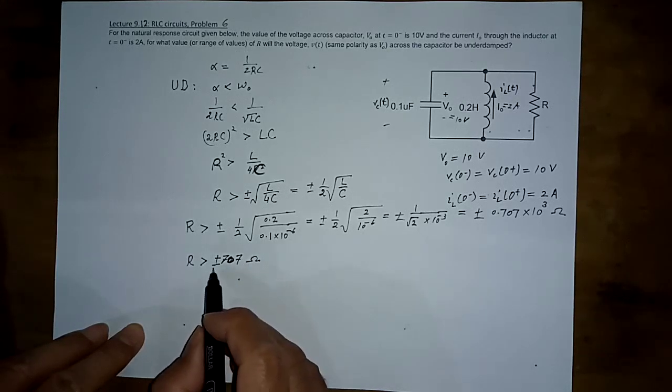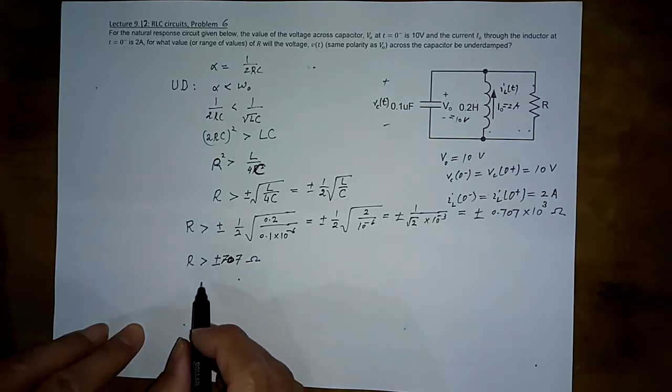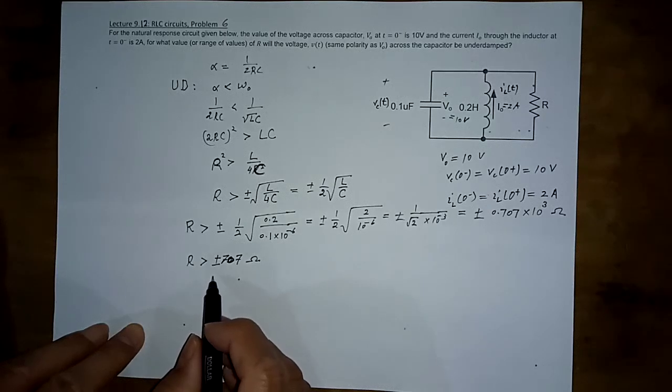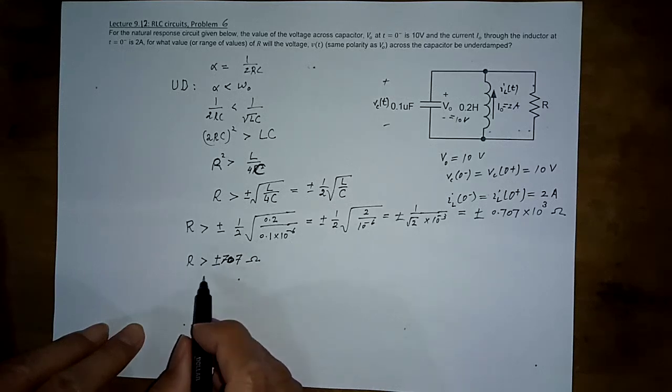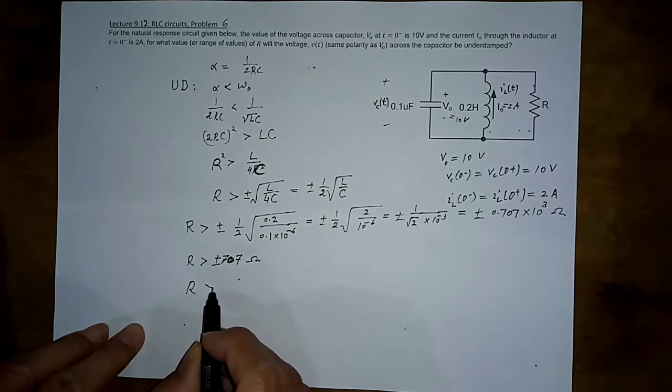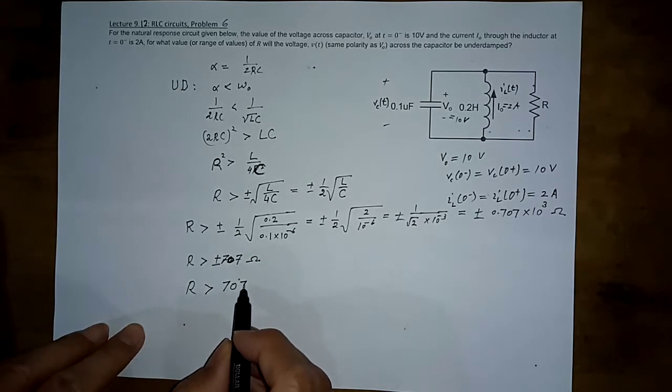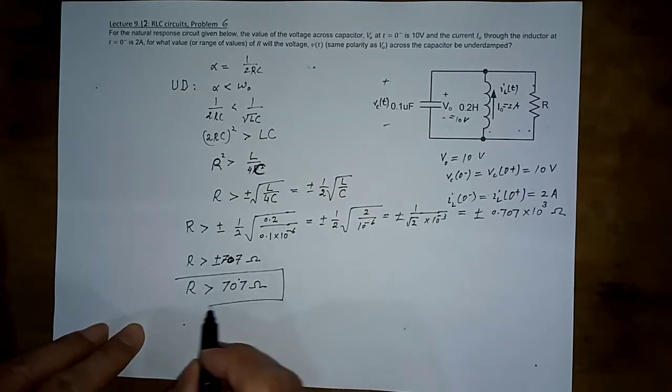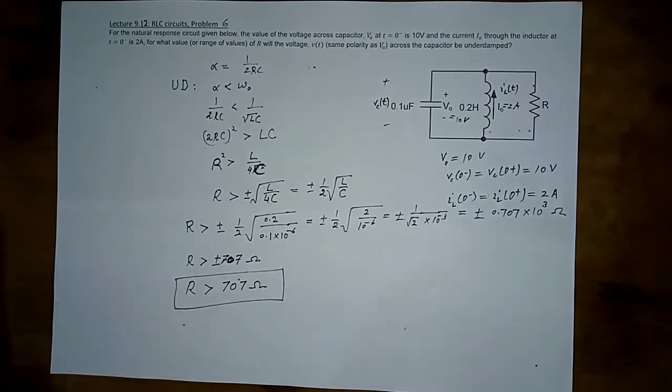And minus obviously is not correct, so we discard that negative value. So R should be greater than 707 ohm, which is the required range of values of R for which the circuit is going to be underdamped.